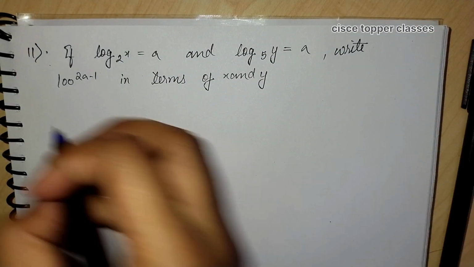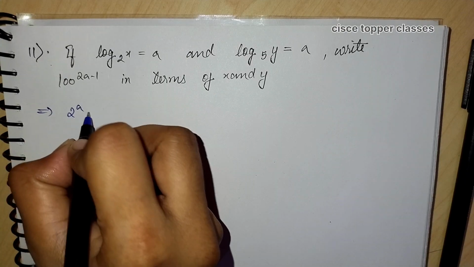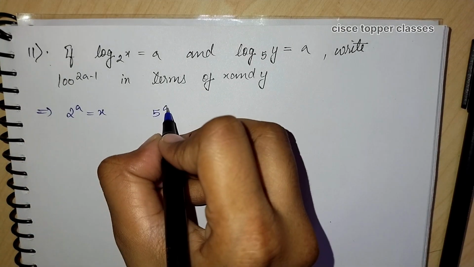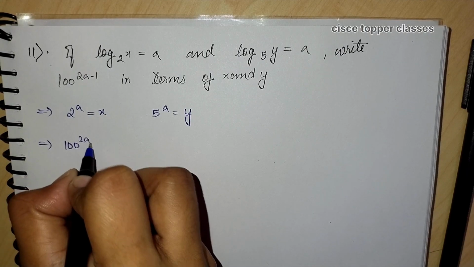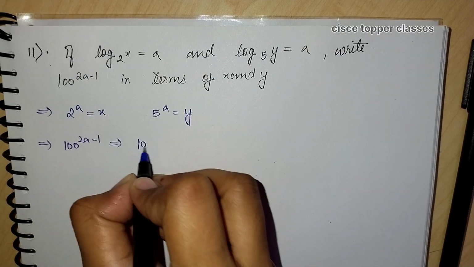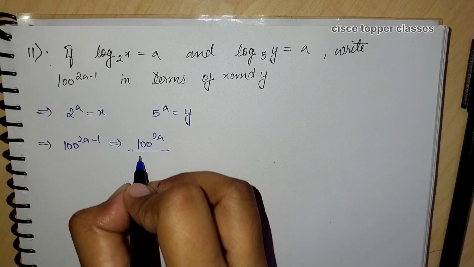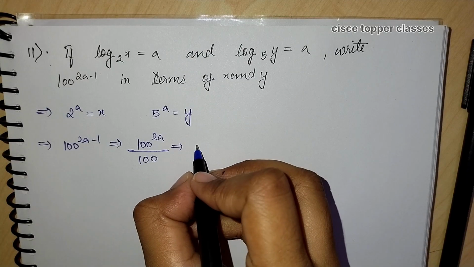So simply we can write this part as 2 की power a equal to x, 5 की power a equal to y, and 100 की power 2a minus 1 simply we can write as 100 की power 2a divided by 100.